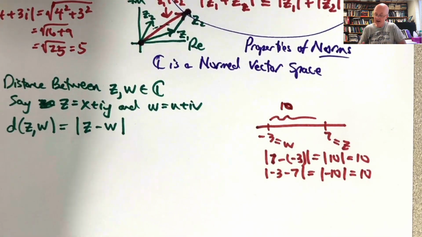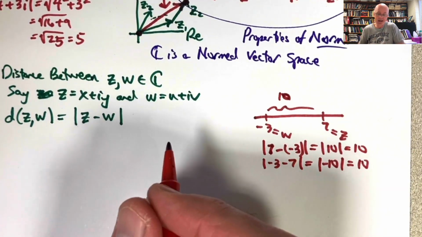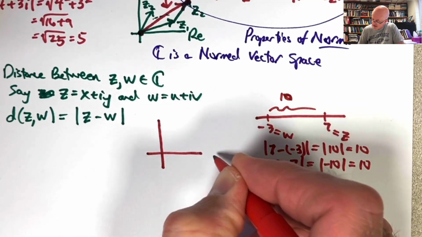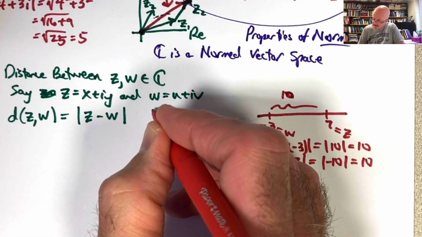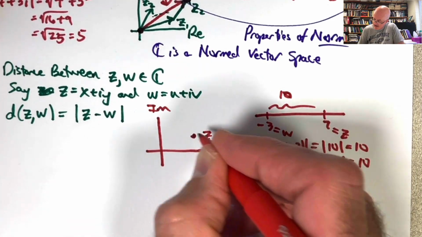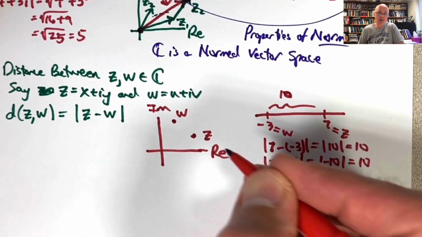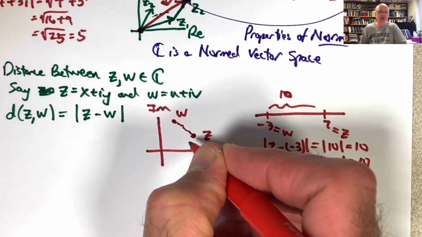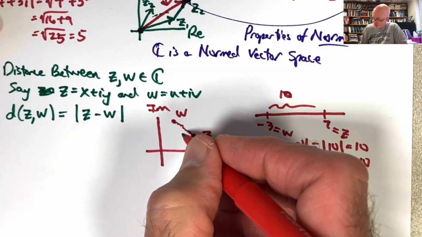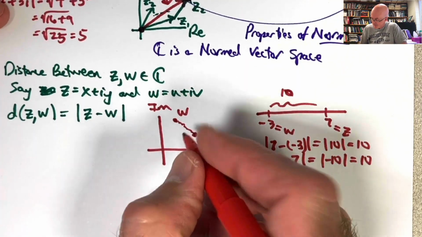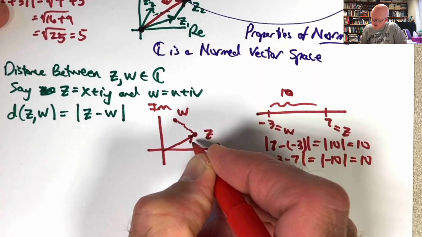But it works in the complex plane as well, and it even makes sense. Let's go back to drawing another picture in the complex plane. There's our real axis. Here's our imaginary axis. Pretend z is right there and w is right there. I'm drawing them as points. I'd like to effectively measure this distance between these two points. How could I do that? I could think in terms of vectors. Here's the vector for z.